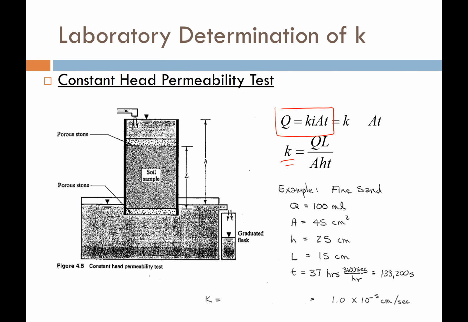So in the constant head permeability test, we have an upper chamber that we fill with water, and we leave the sink running. Why do we leave it running? Because we want water to flow over the edge and keep flowing so that we maintain a constant level of head. We want the water elevation to remain constant throughout the whole test.